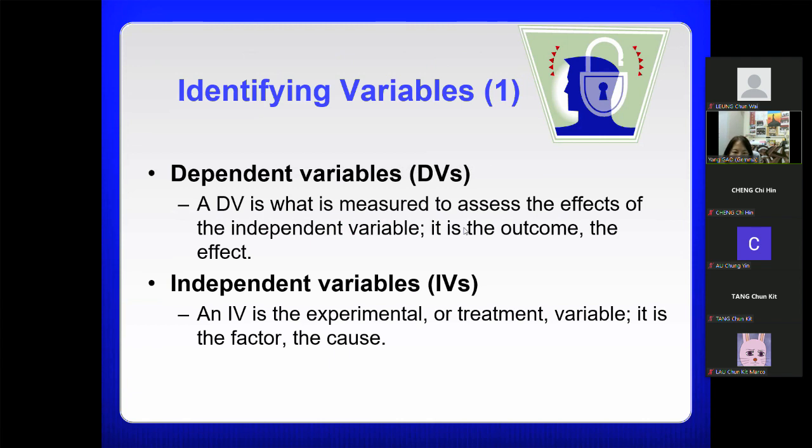The dependent variable is what is measured to assess the effects of the independent variables. That means it's the outcome, the effect of the study. Whereas the independent variable can be the experimental treatment, and also can be a factor that is the cause of the effect.